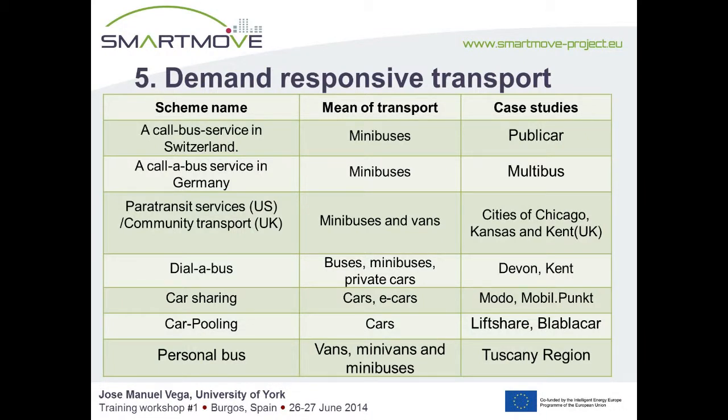Okay, next one, the demand responsive transport. I use two examples and they are really alike. Both of them offer services that people just book in advance, so they are not pre-scheduled and there are no pre-set routes; it depends on the users.